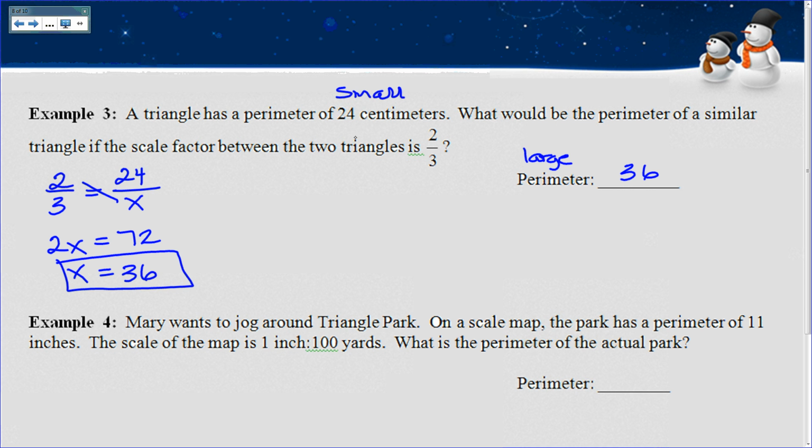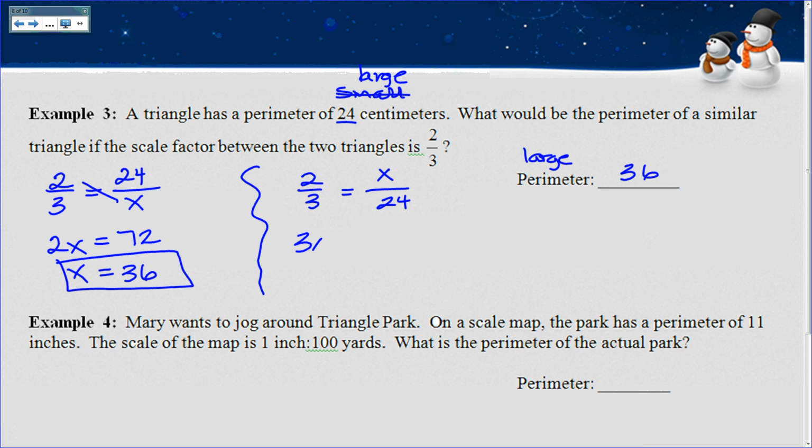But now what if this was the large? Well, if it was the large, because they weren't specific here, usually they're specific, but they weren't here. So let's say that this is the large perimeter. So if I've got 2/3 now, then the 24 would go in the bottom because 3 is larger than 2. And then I would put the smaller up here.